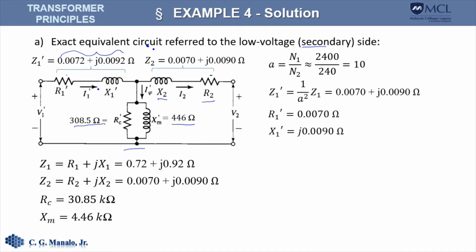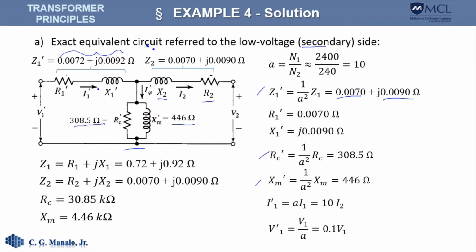So this is the computation for Z sub 1 prime, where this one is R sub 1 prime, and this one is X sub 1 prime. We also have the computation for R sub C prime and the X sub M prime.